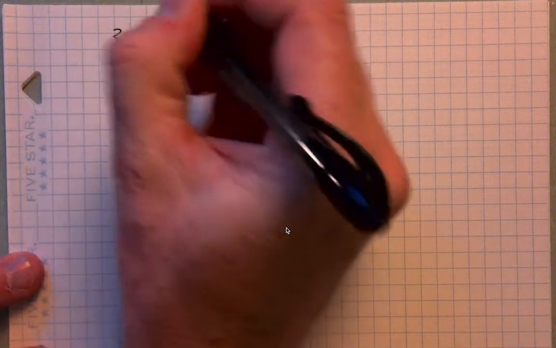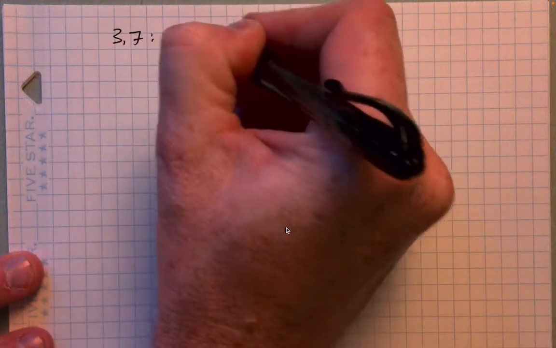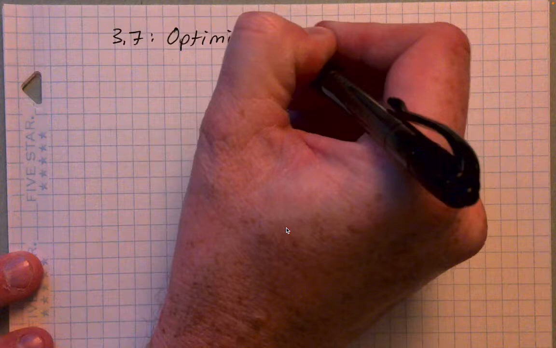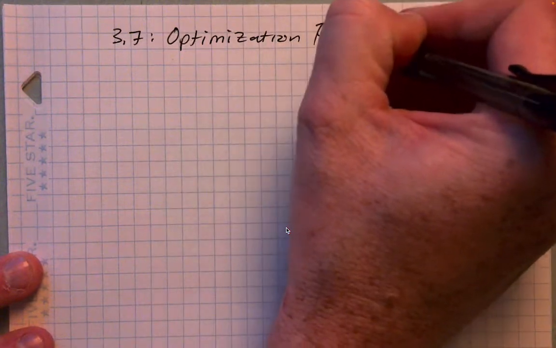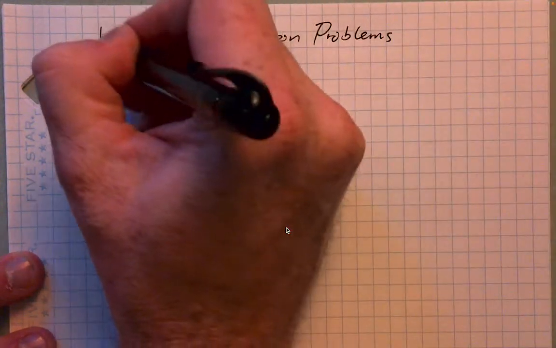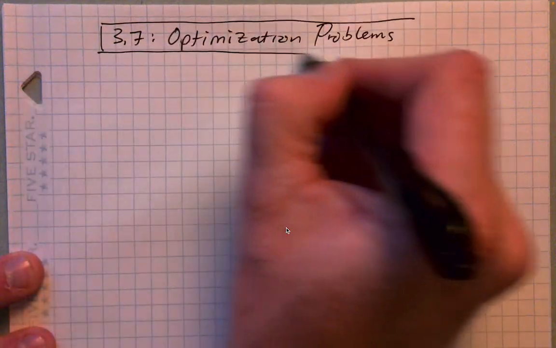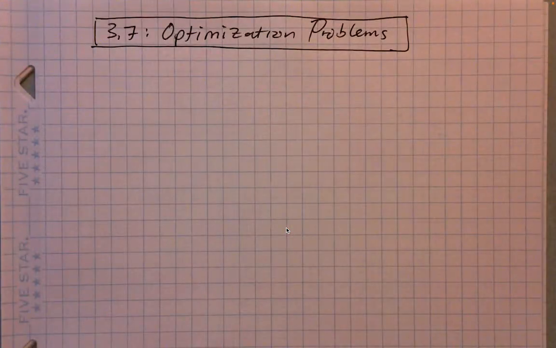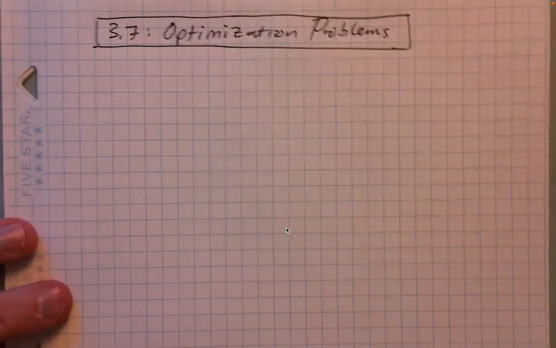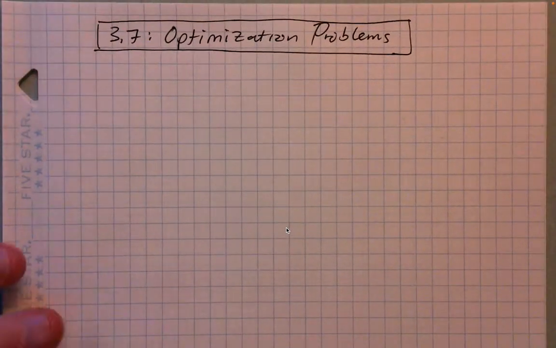This we'll call section 3.7, optimization problems. Okay, and so our first example will be, well, before I get into that, actually, what do we mean by optimization?